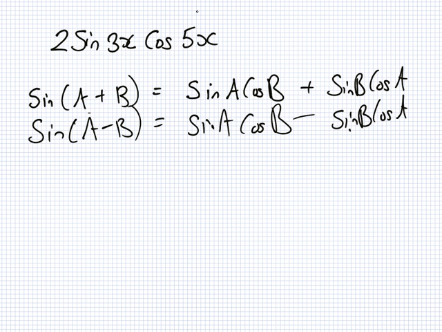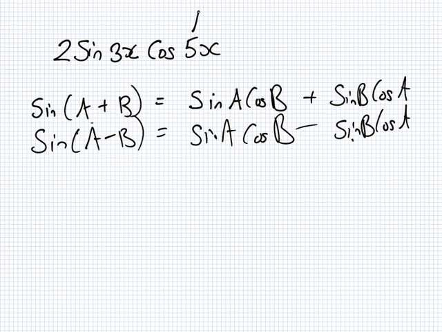Often we'd like to call the bigger angle A, just makes things a little bit easier, and call that one B. So I actually want cos A sine B. I'd like to cancel these two guys, so I should really subtract them.